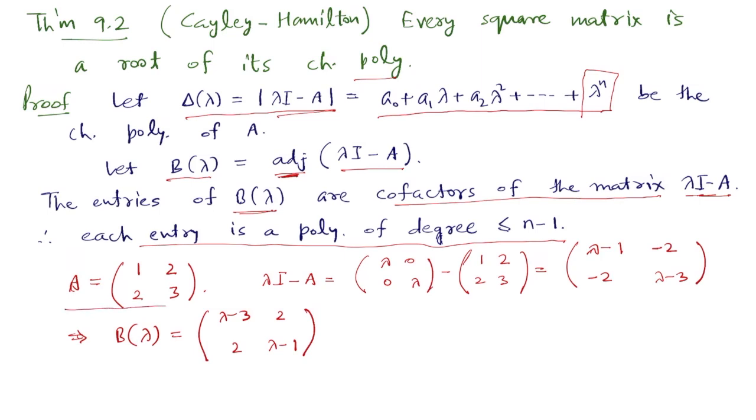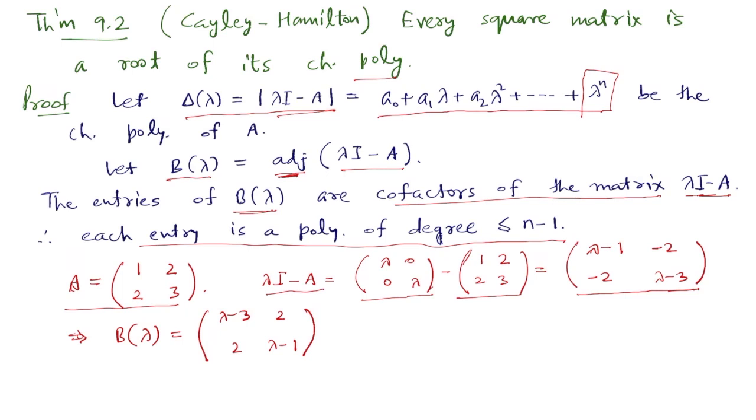We can see this by this example. Suppose A is this 2 by 2 matrix 1, 2, 2, 3. Then lambda I minus A will be equal to lambda 0, 0 lambda minus 1, 2, 2, 3. This is equal to lambda minus 1, minus 2, minus 2, lambda minus 3.